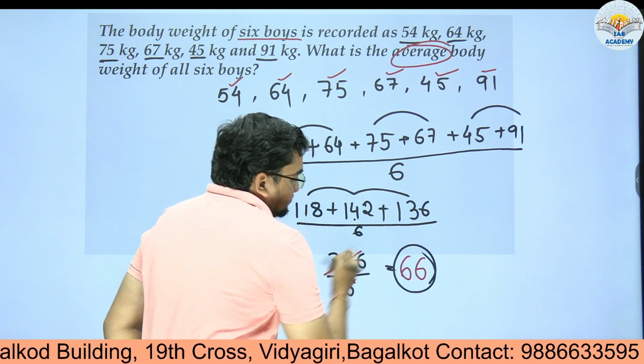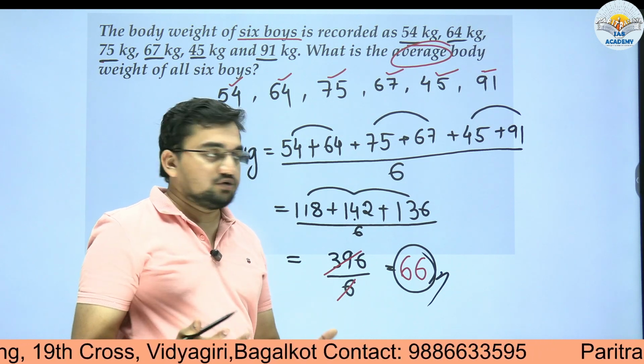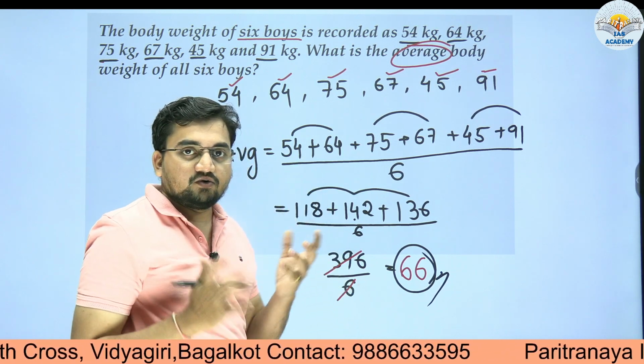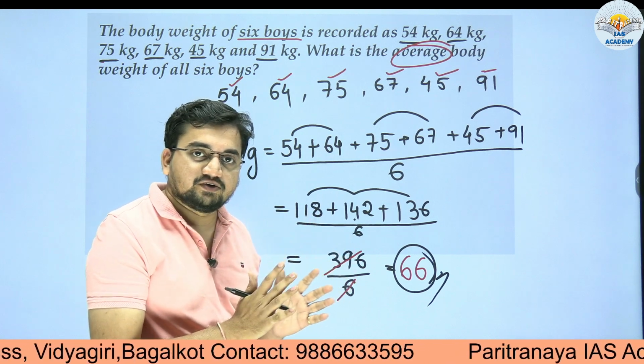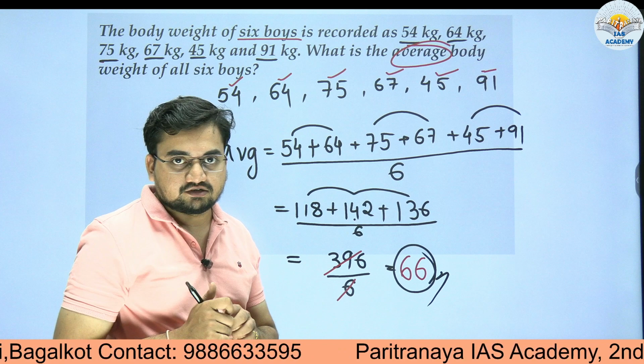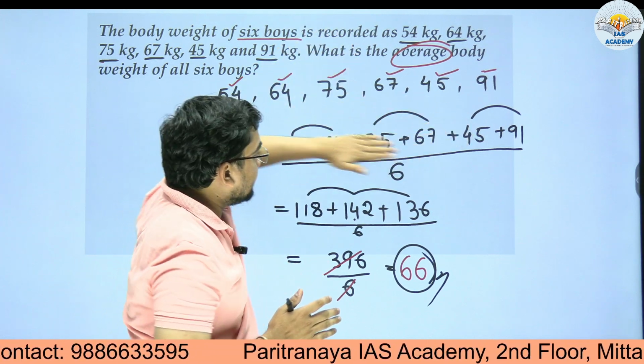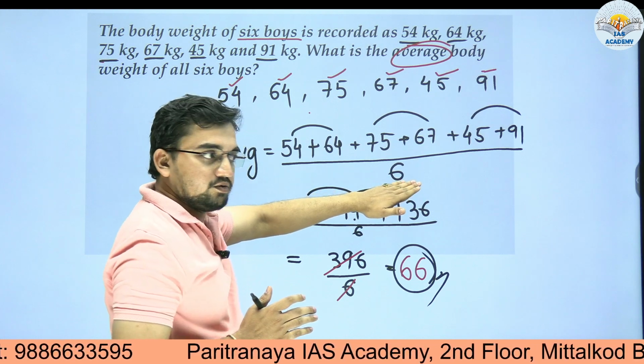So 66 is our average body weight of the 6 boys. I hope you understood how we arrived at it, how we differentiated observations, the number of observations, and the sum of observations. The sum of observations comes in the upper part, and the number of observations is below.